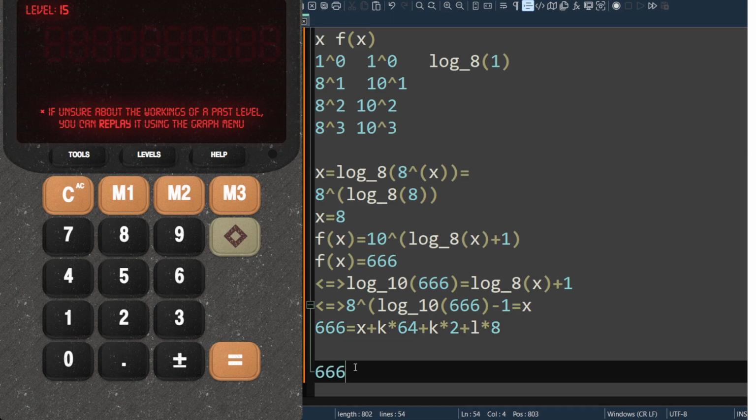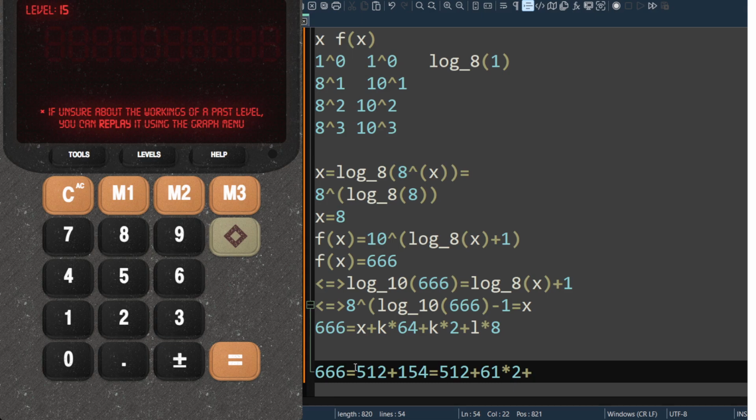I mean, 666 equals 512 plus 64 times 2, which is 128, plus, what's left?